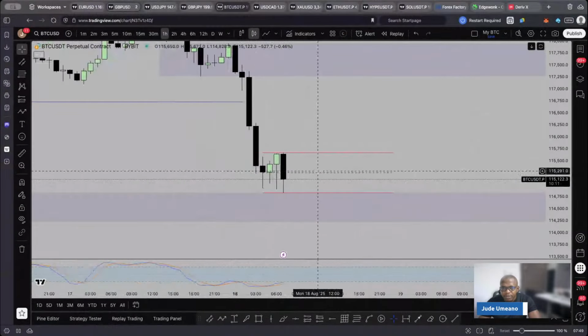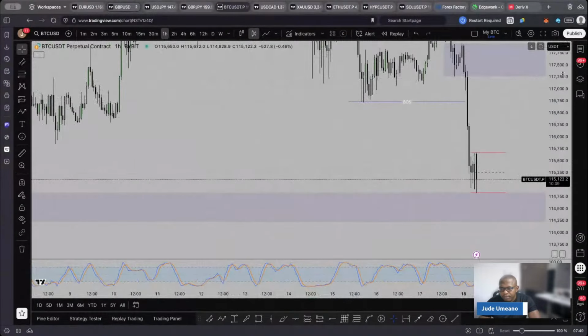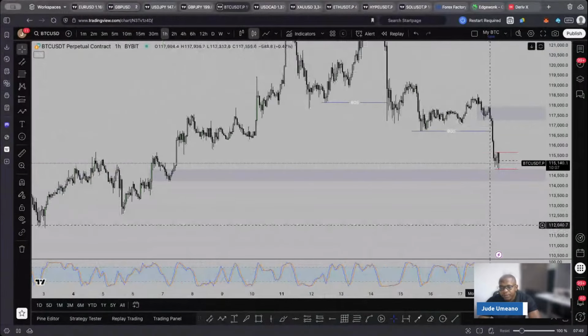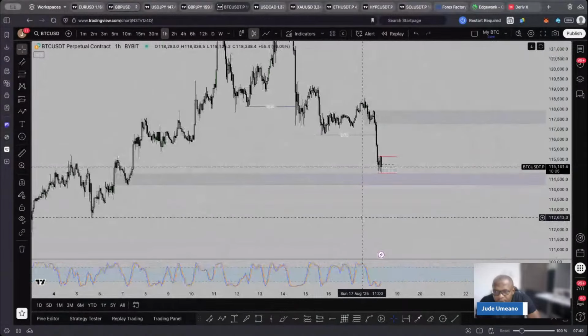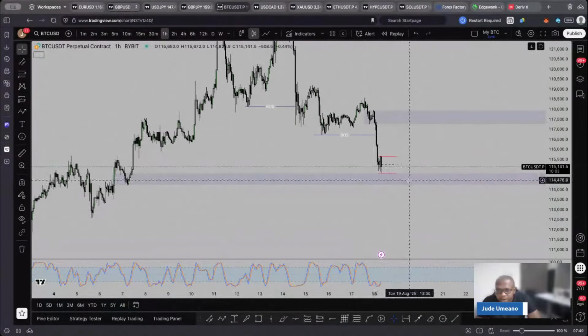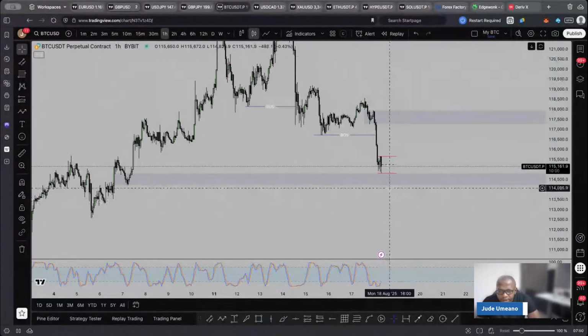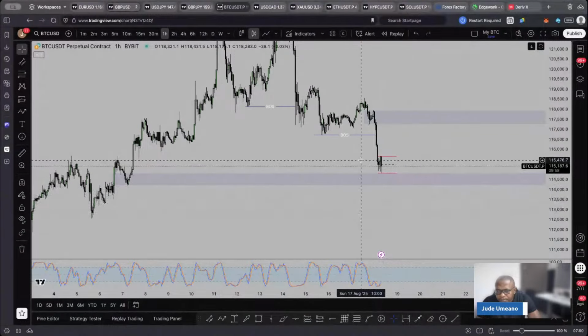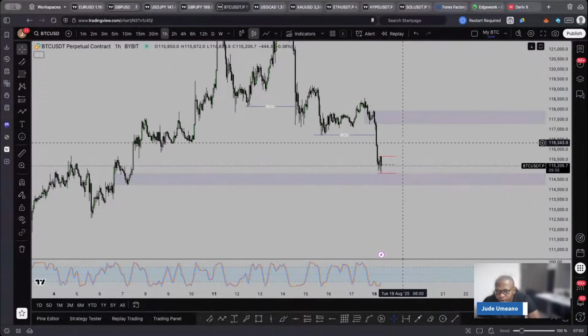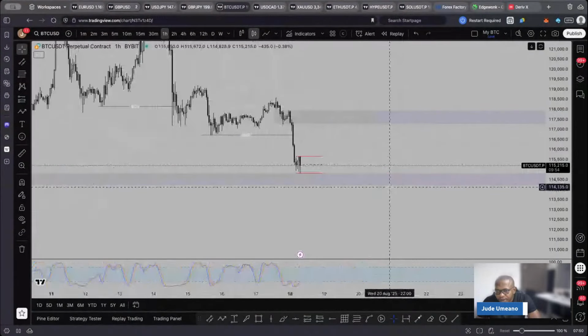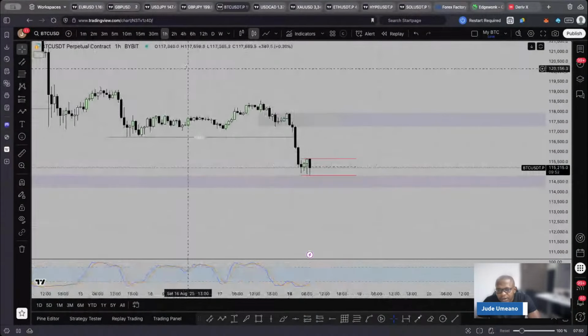I want to see a break out of this zone, or maybe today we just wait out Bitcoin to see what it does. What will it do inside this zone? Is it going to break out? If it breaks out, we want to keep going lower. If it breaks up, we want to go higher to pick an order from here. Maybe it's just wait on Bitcoin this very day.